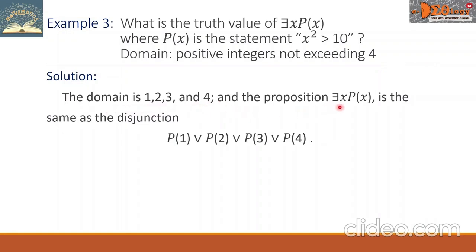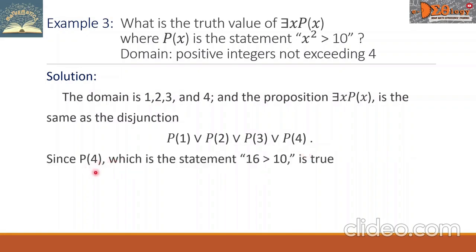And the proposition for some x, p of x is the same as the disjunction p of 1 or p of 2 or p of 3 or p of 4. Since p of 4, which becomes the statement 16 is greater than 10, that is, 4 squared is greater than 10, is true, it follows that for some x, p of x is true.